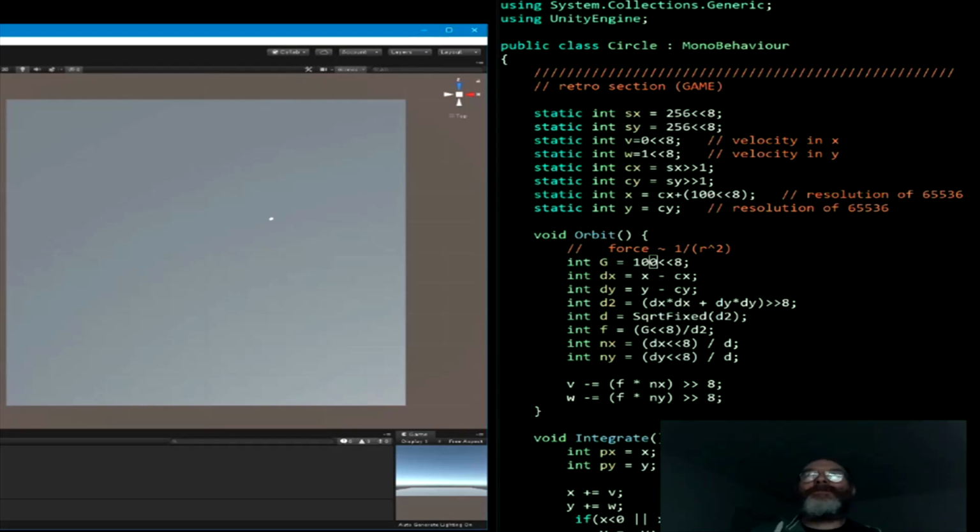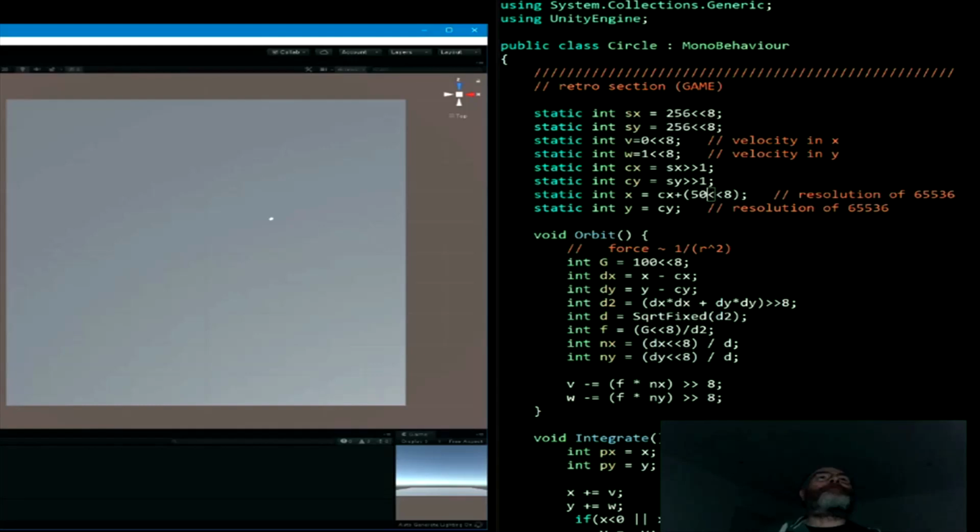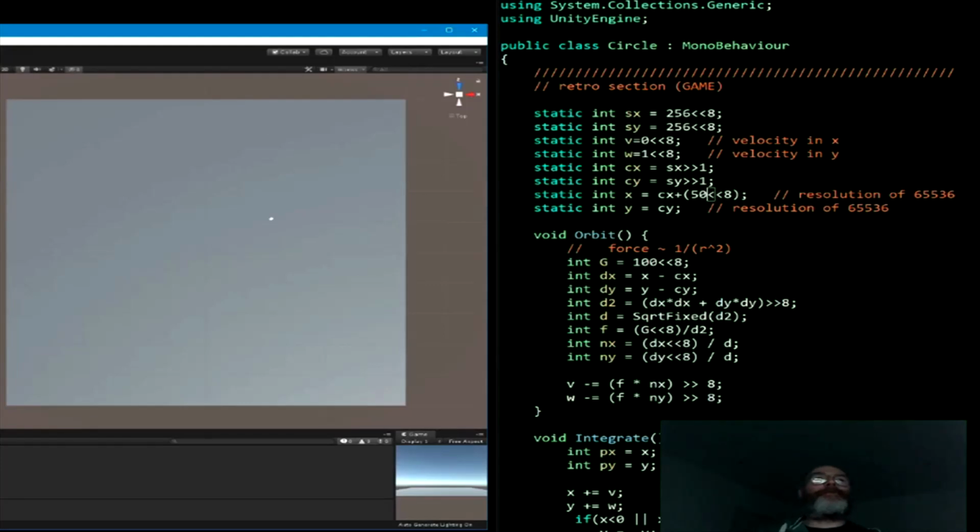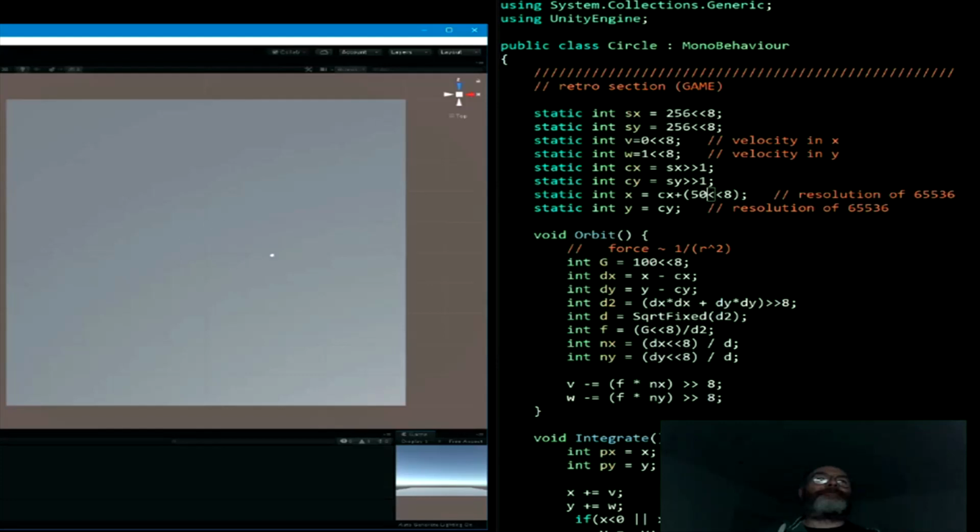That's too much and it hits the edge. What I could possibly do is bring the position of the object a little closer, not halfway, in towards the center. That's not bad for 8.8 precision.